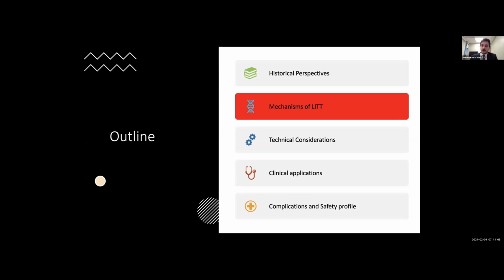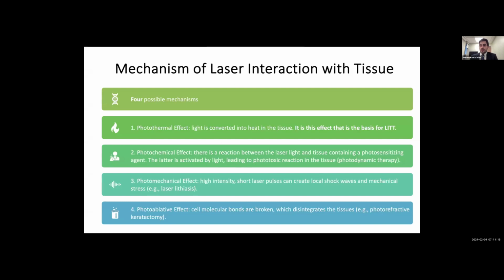So I want to talk now about the mechanism of LIT. What makes LIT useful, and how do we actually target brain lesions using LIT? The laser actually works through 4 different mechanisms. There's the photothermal effect, which is the basis for LIT, where light is converted into heat in the tissue.